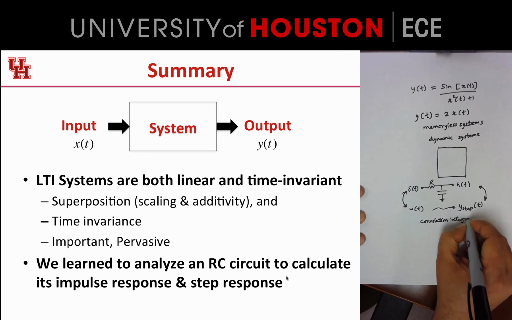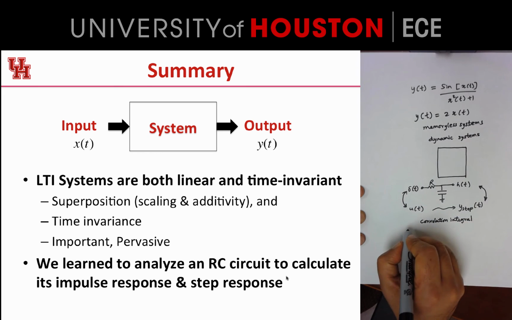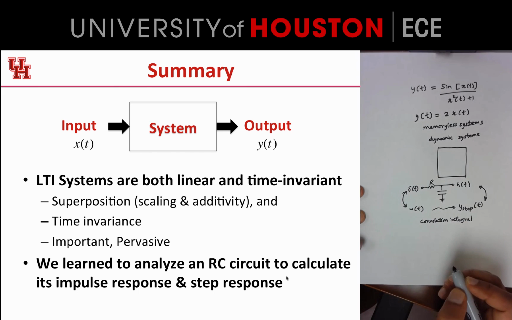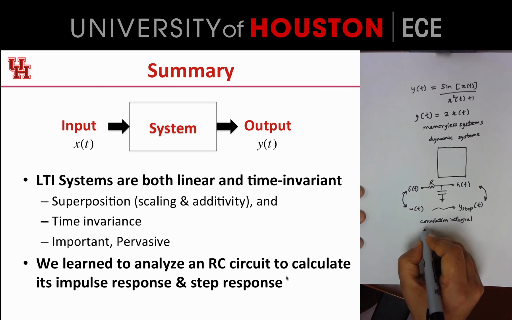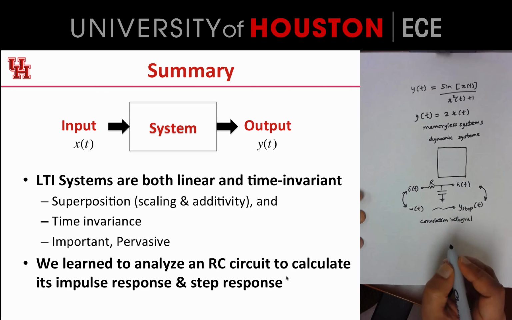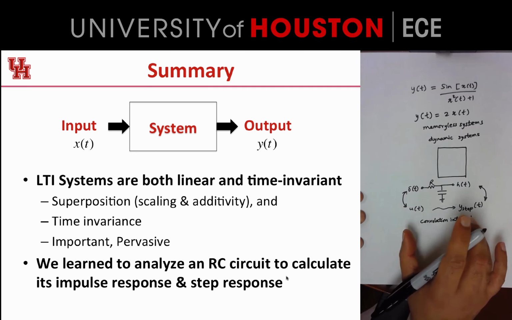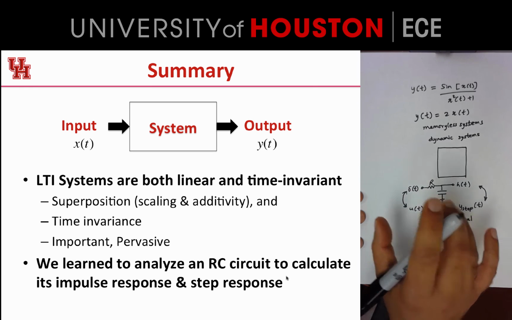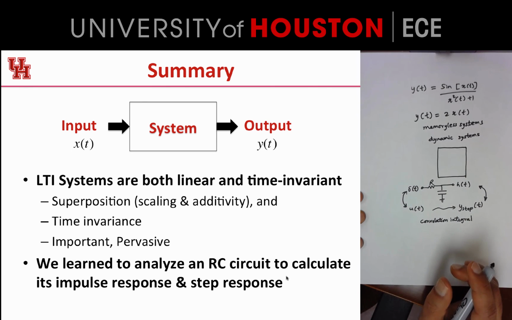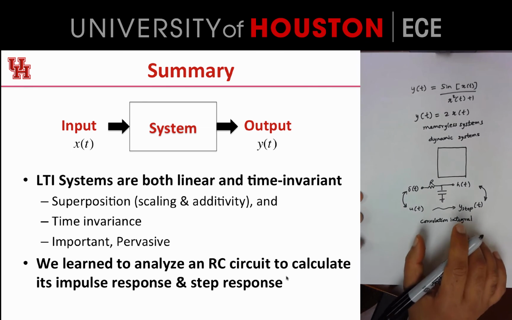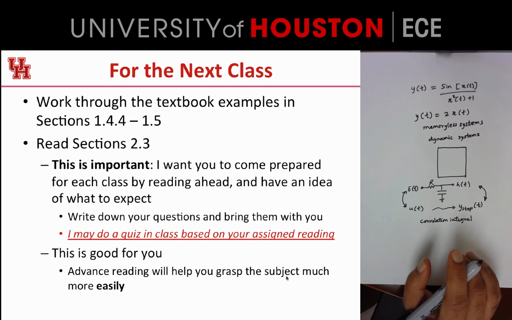The convolution integral is a fundamental concept in electrical engineering. It's also a sort of signature formula that we're going to use over and over again for linear time invariant systems, and we're going to talk about that in the next lecture.